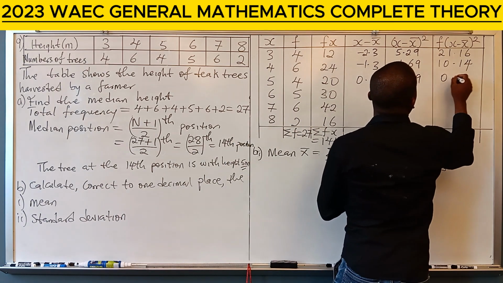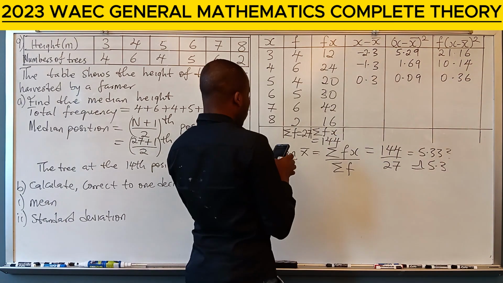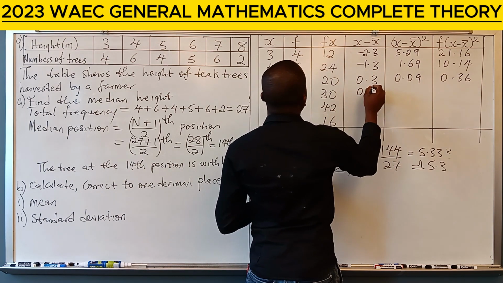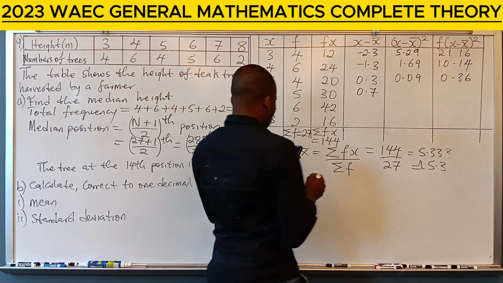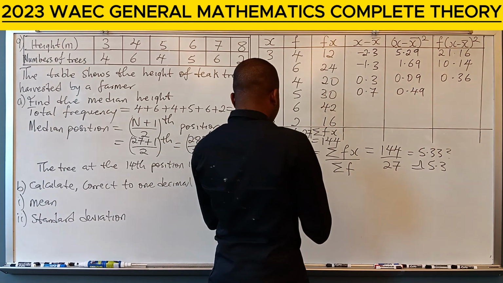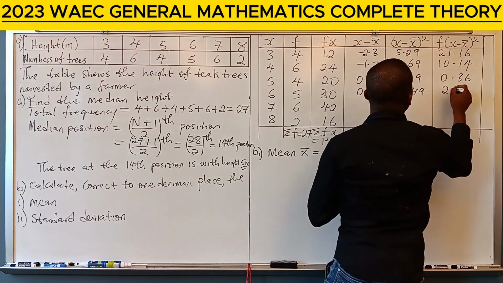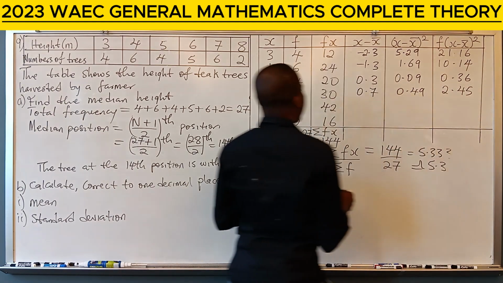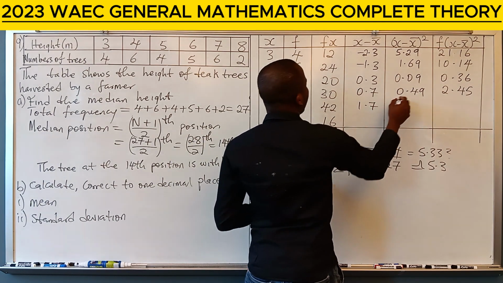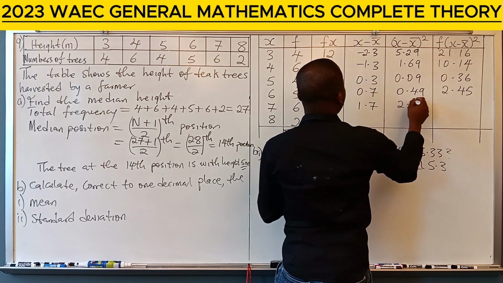We have 0.36. 6 minus 5.3 is 0.7. If we square it, we have 0.49. If we multiply it by the frequency, we have 2.45. 7 minus 5.3 is 1.7. We square it, we have 2.89.